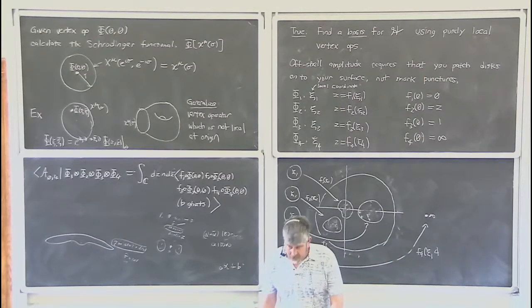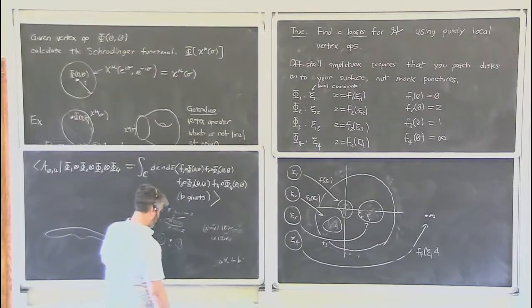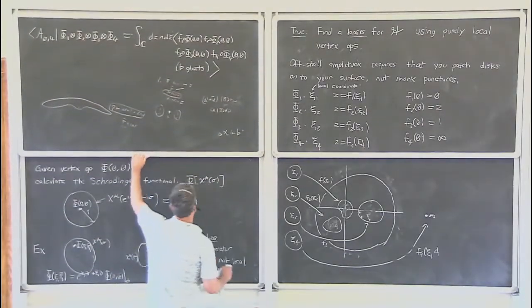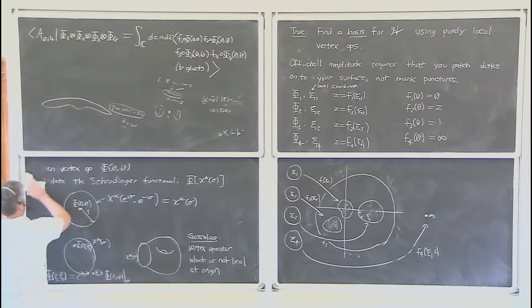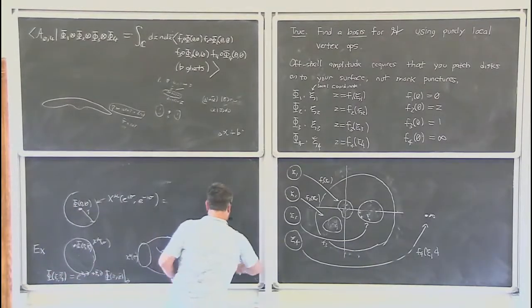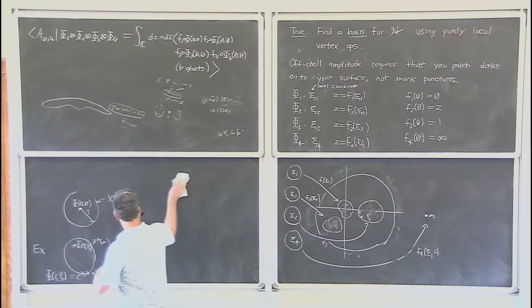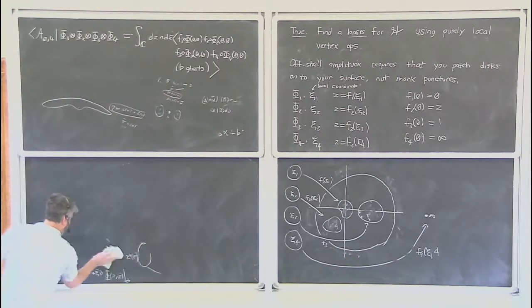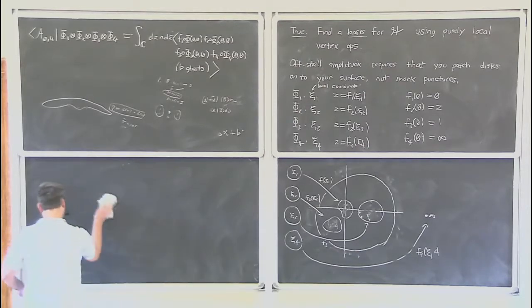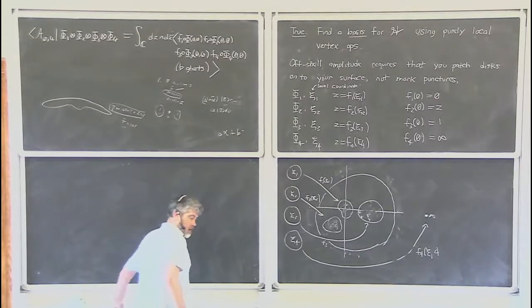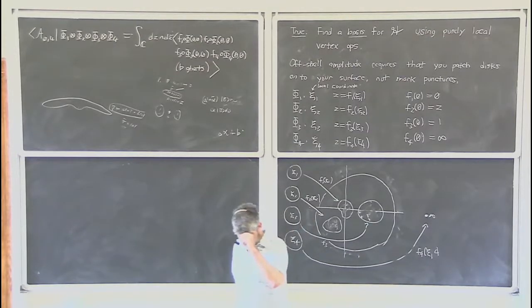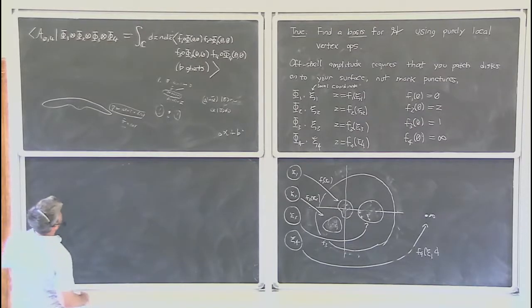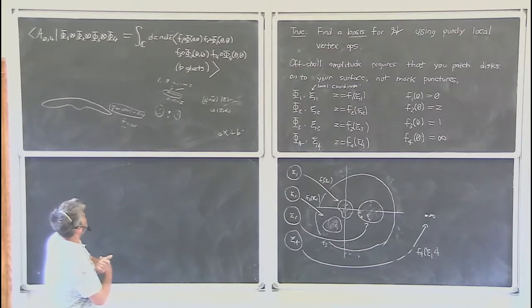Okay, so let's continue. So we found that this 4-point amplitude is characterized by four local coordinate maps.